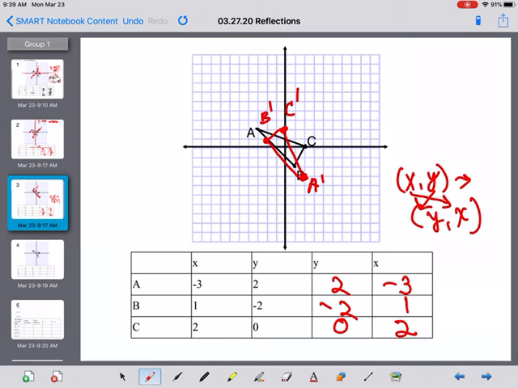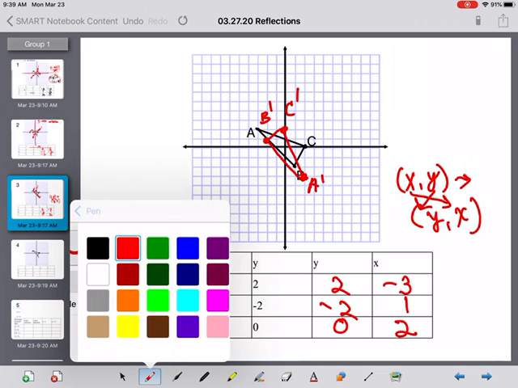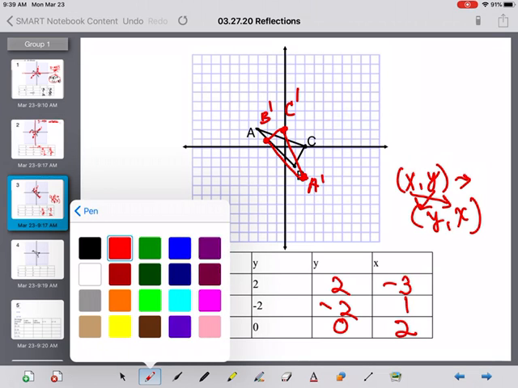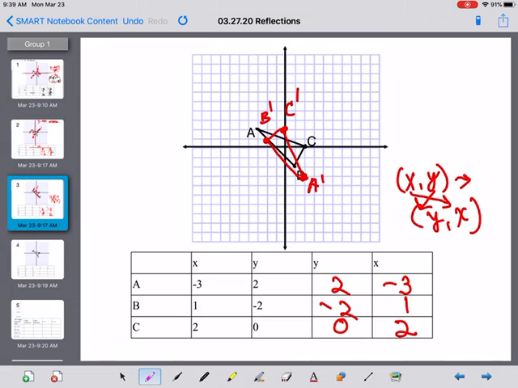And this one can be a little tricky to see, but I'm going to tell you it's one of the diagonal lines. So let's change the color here. So here you can see that it becomes the line y equals x.